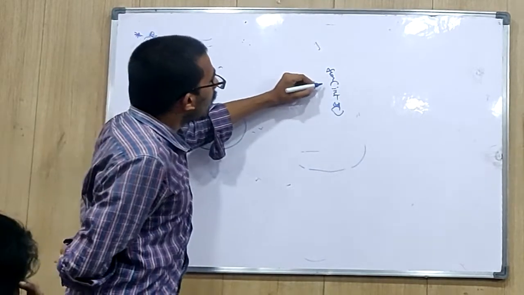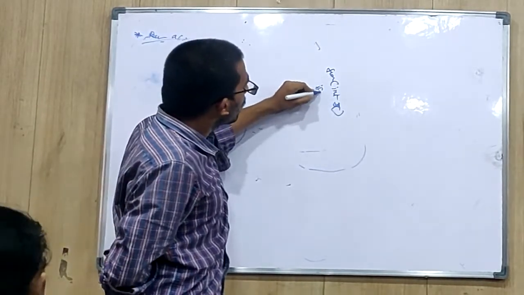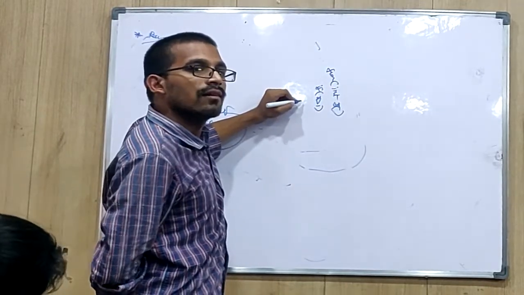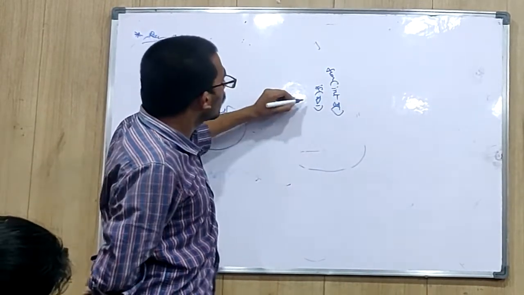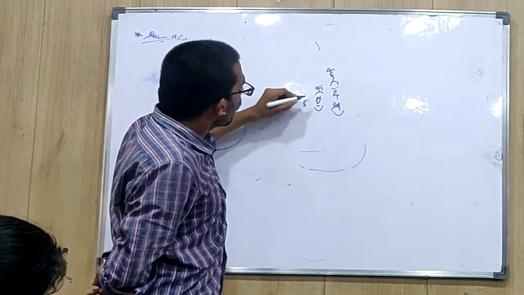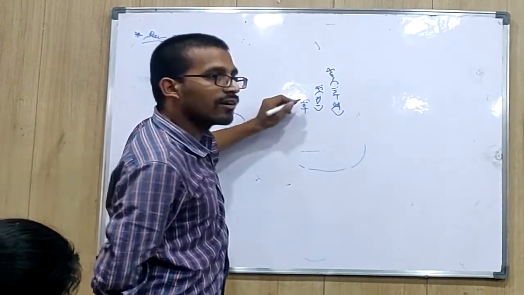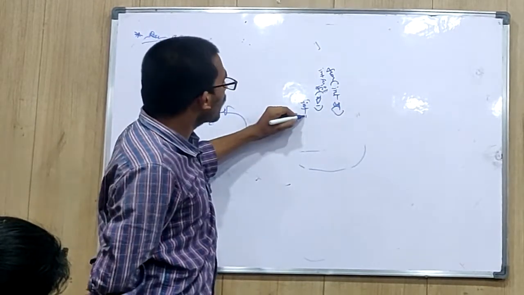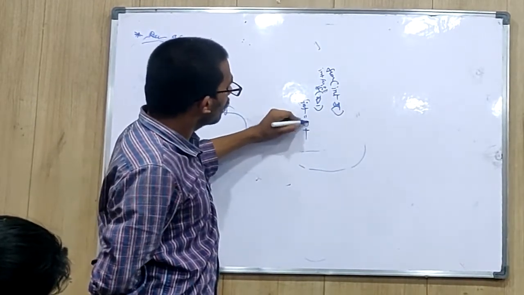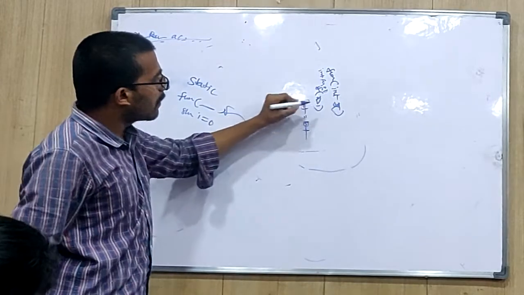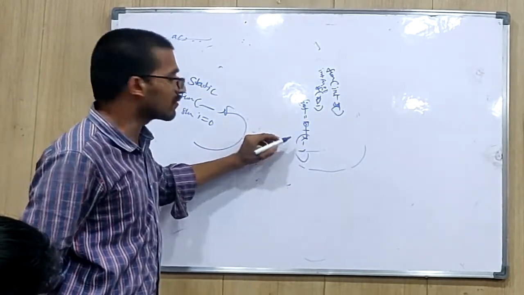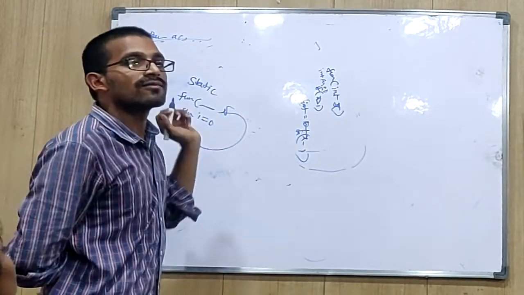Here, if x greater than 1, then I will call fact equal to fact into fun of x minus 1.